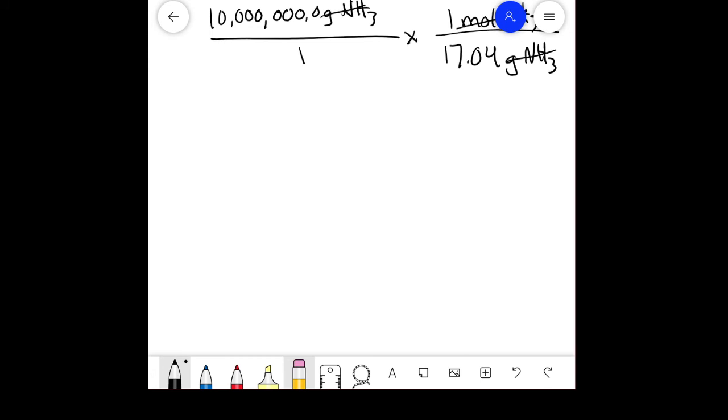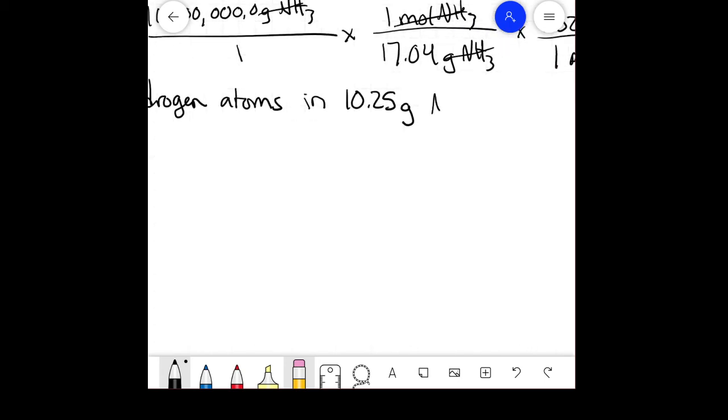I guess another one is, say it wanted hydrogen atoms, and how many hydrogen atoms are in 10.25 grams of ammonia.